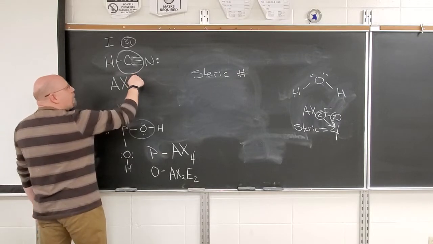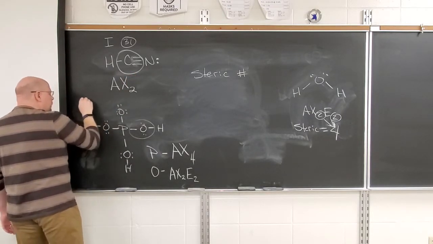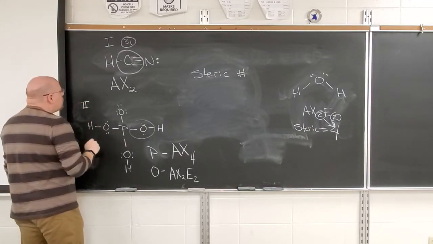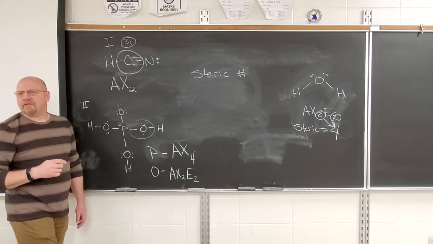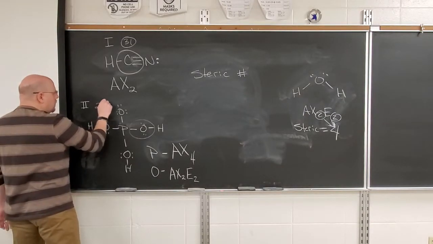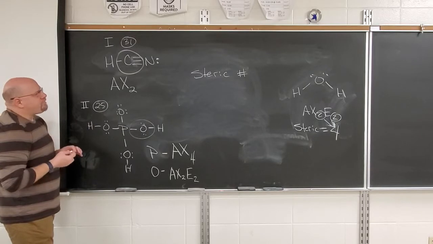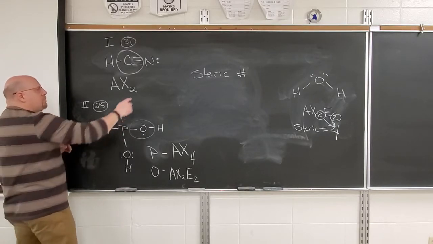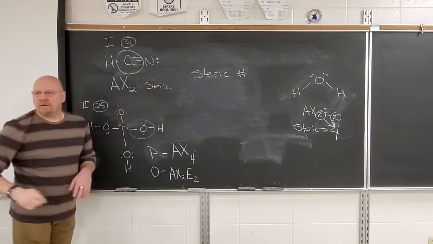In this compound, the HCN, oh wait a minute, this was a 2. Brandon, what was that, the H3PO4, what number was that in that document? 25. Okay. What would be the steric number on this, class? Hold up fingers.